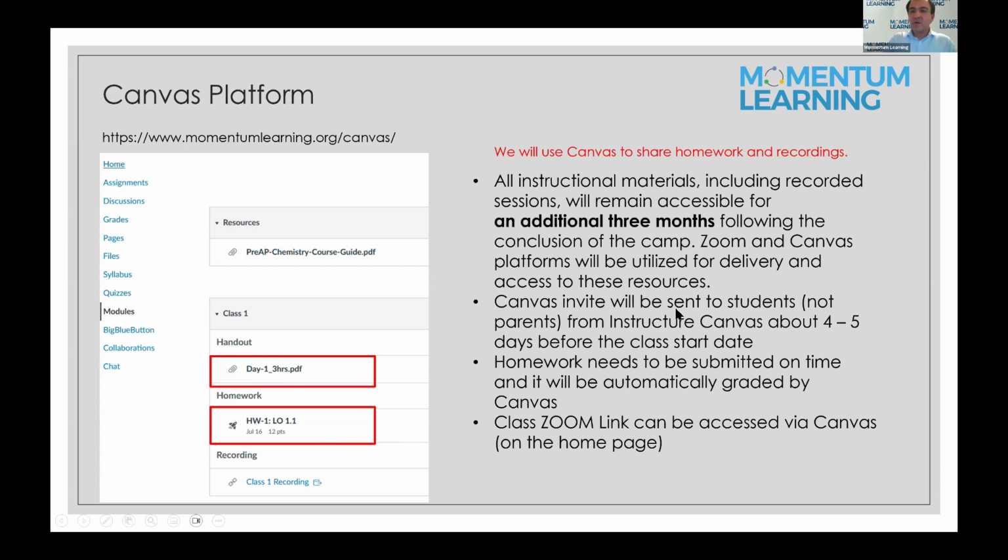Canvas is only for students, and login credentials will be given to students 4 or 5 days before the class start time. Students can also find the Zoom link for the lecture on Canvas.